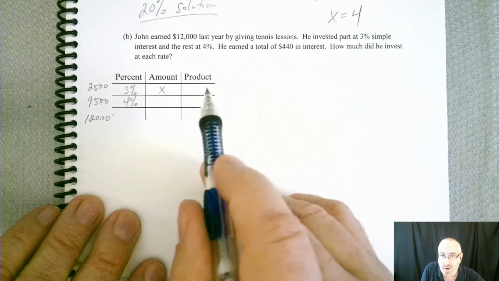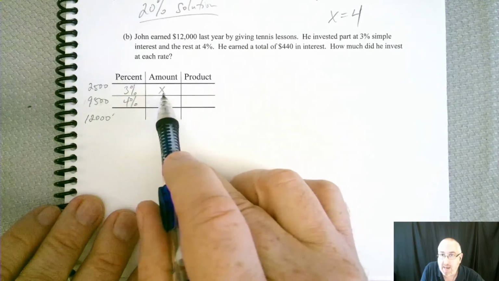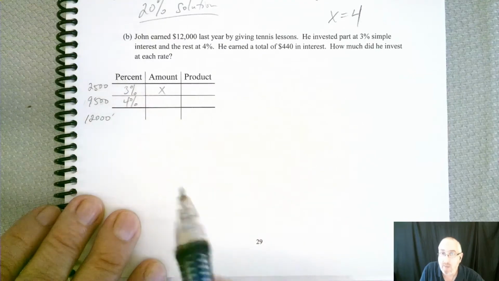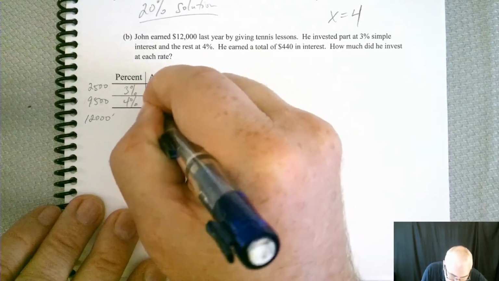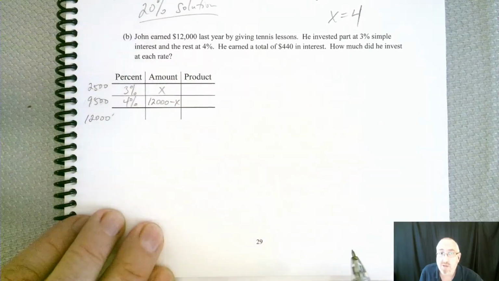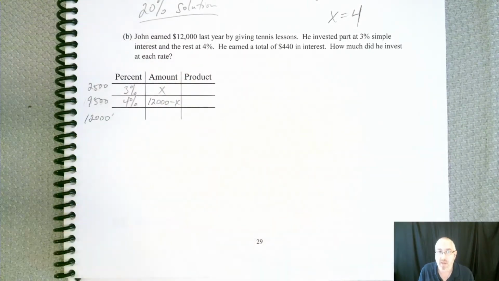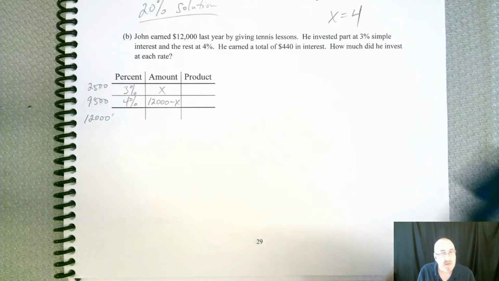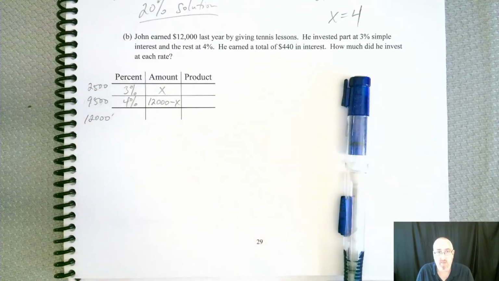So let's do that with our x. We need to subtract x from 12,000. So 12,000 minus x will have to be that second quantity. And this is going to be a pattern with this stuff.